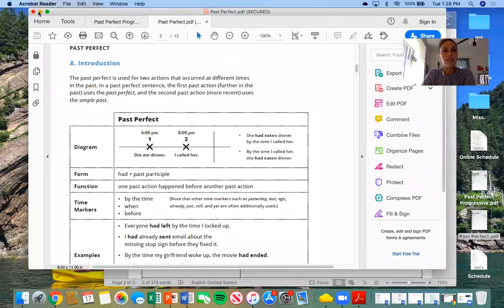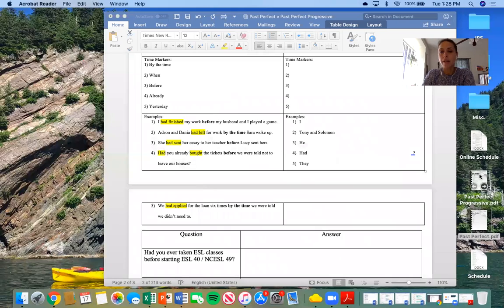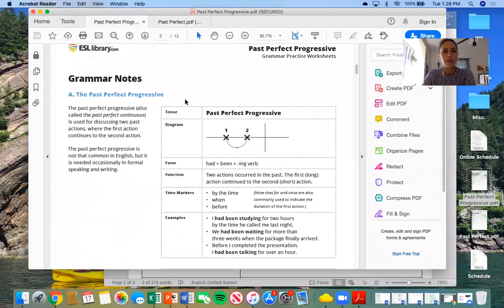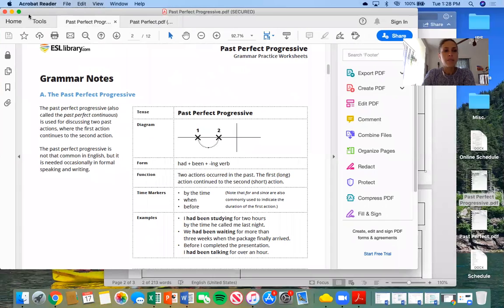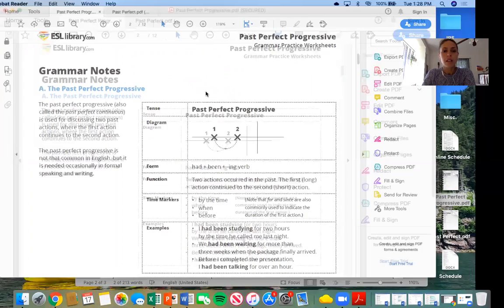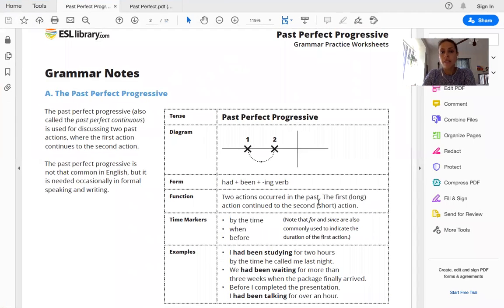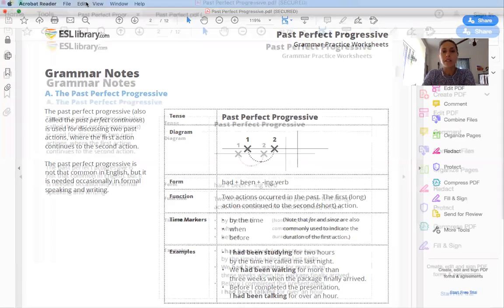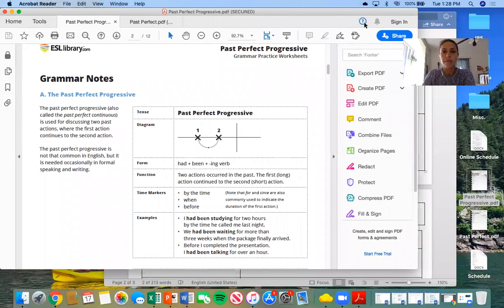Now let's go over to the past perfect progressive. So the past perfect progressive is very similar, just the main difference is that the first action continues up until the second one. Just like all of our progressive tenses, it shows duration. So let's see the difference and compare on our worksheet.